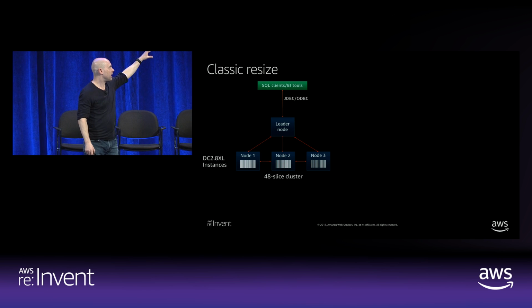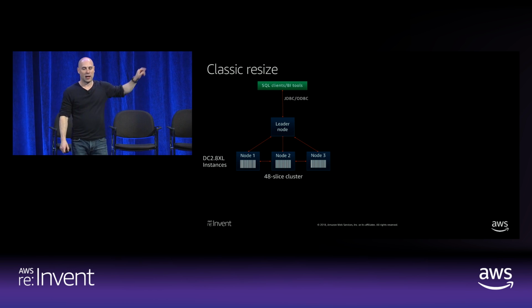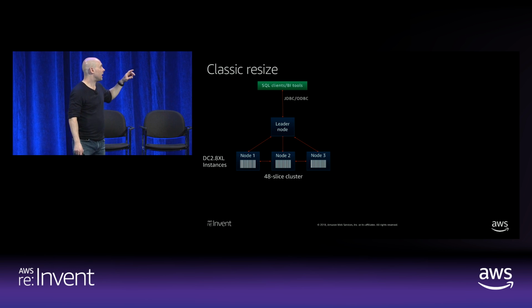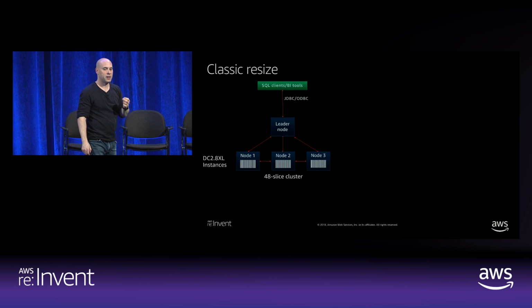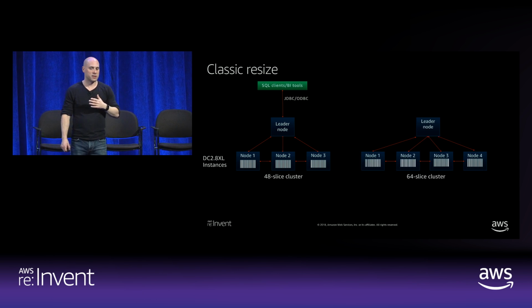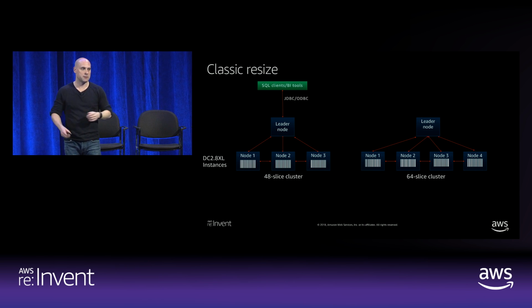Let's just say we have a 3-node cluster here. These little white lines, there's 16 of those. I counted exactly. So you have 16 slices on this DC2 8XL node type. And let's say we wanted to resize this up to 4 nodes. What the service is going to do is provision in the background a whole new cluster with the 4 nodes.